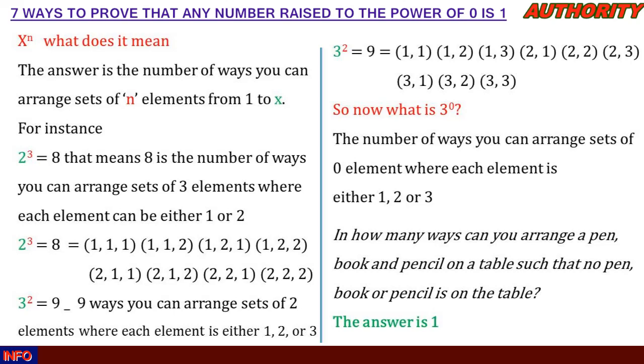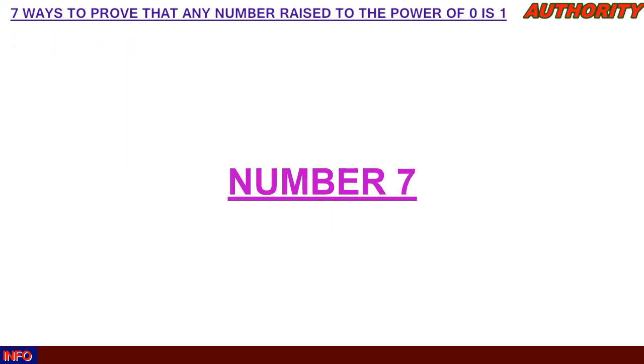Do you get it? By this reason, you can see that any number raised to the power 0 is equal to 1 by the illustration of arrangement of sets. Any number raised to the power 0 is equal to 1. All right, let's take the last way to prove that any number raised to the power 0 is equal to 1.